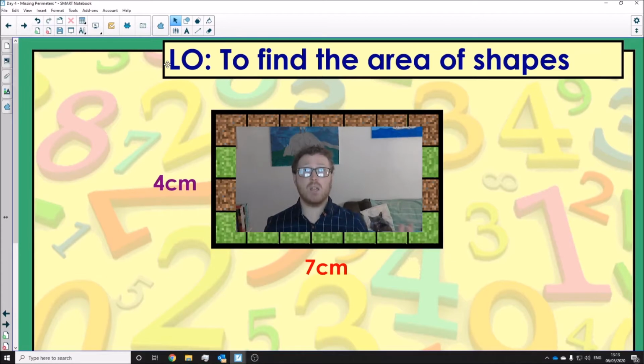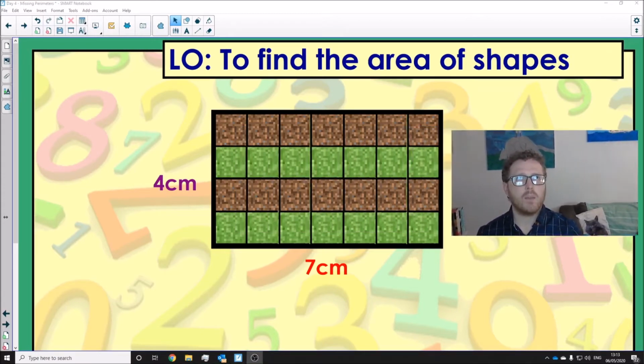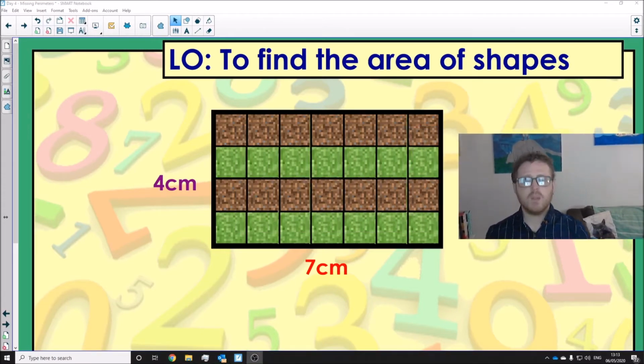As for the area, it is a little bit trickier to calculate. I'm just going to move myself out of the way there. There we go. Okay, and you can see I've got this set up like an array. So I've got 4 rows of 7, 4 lots of 7.